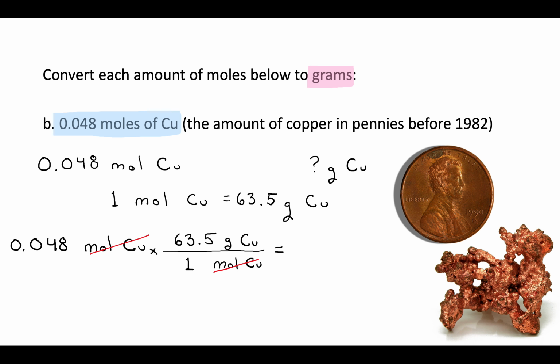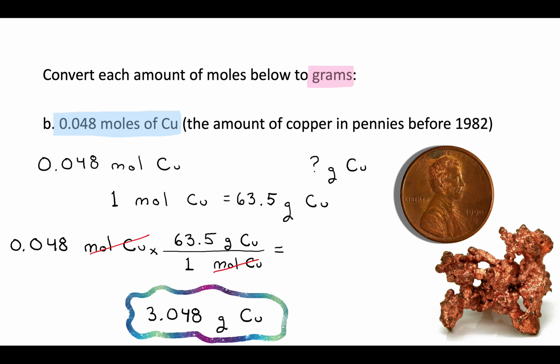Moles of copper cancels out, and we are left with grams of copper. And if you plug this in a calculator, you'd put 0.048 times 63.5, enter, divided by 1, enter, and you should get 3.048 grams of copper. So about 3 grams of copper in a single penny before 1982.